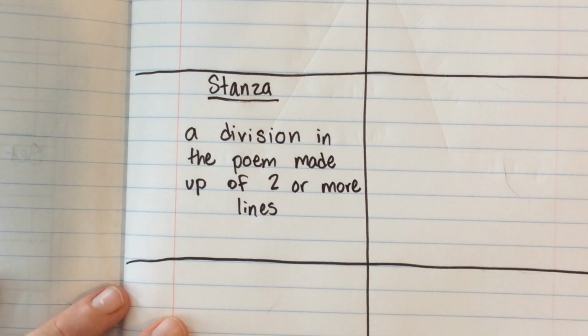So what I like to call stanzas is the paragraphs of poetry. So whenever you have a big space in between a group of lines, that's a stanza break. And so we're going to look at some examples of that tomorrow.